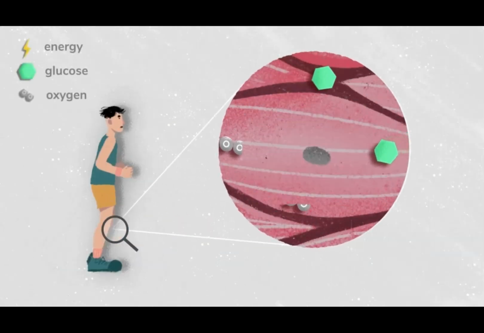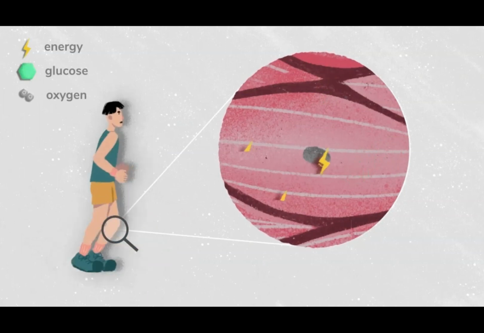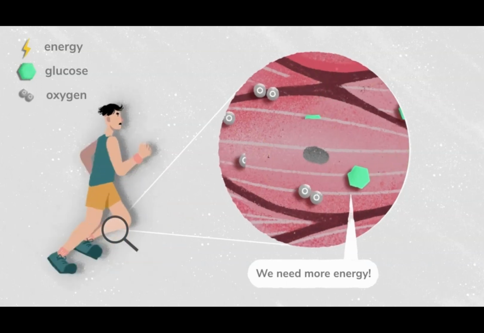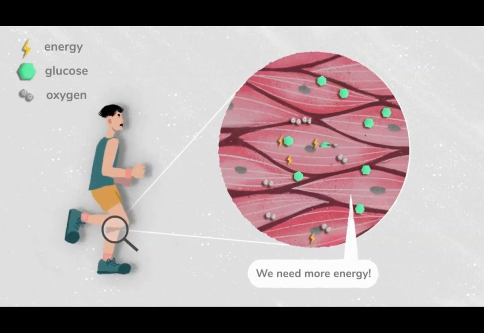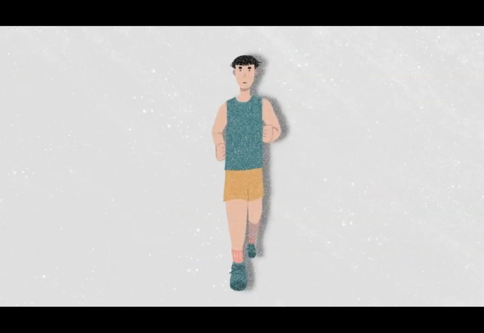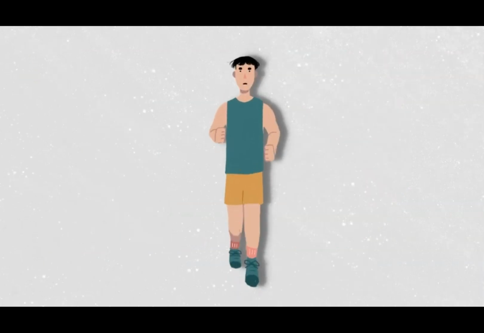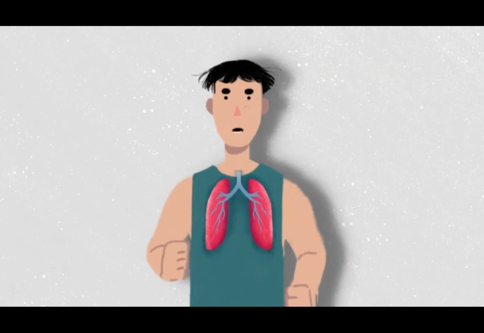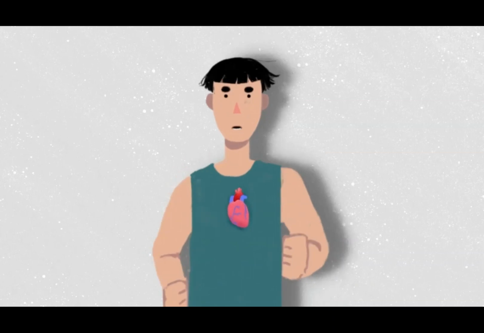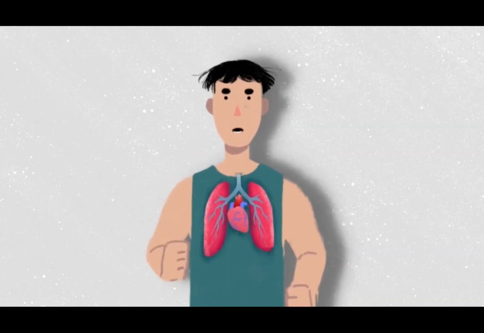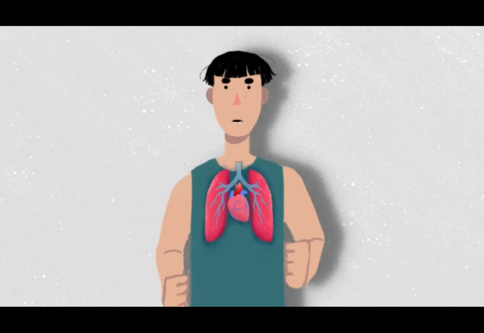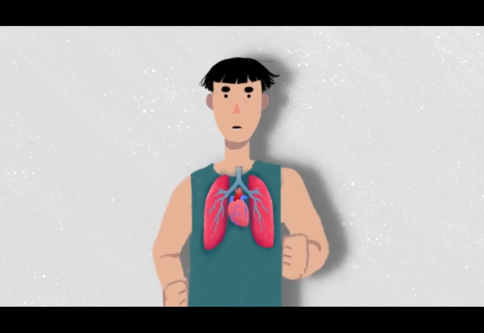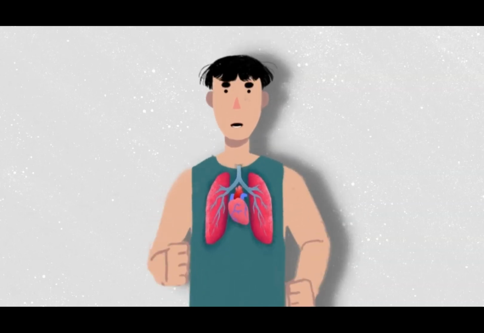Although aerobic respiration is able to release a large amount of energy, it may not be enough to meet the energy demand of our muscle cells if we exercise vigorously. This is because the amount of oxygen that can be transported to our muscle cells is limited mainly by our breathing rate and our heart rate. As the amount of oxygen our muscle cells can receive is limited, this means that there is a maximum amount of energy that can be released by aerobic respiration.